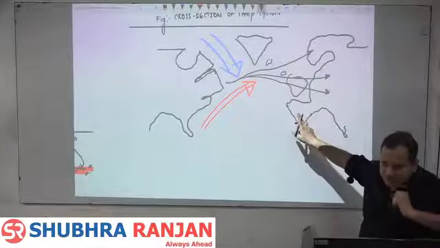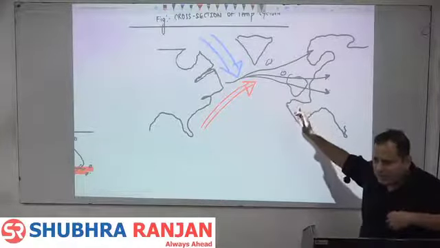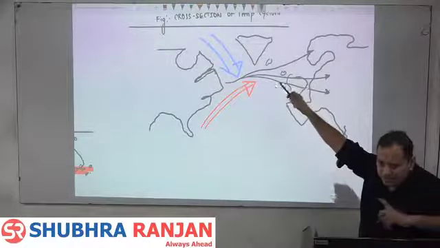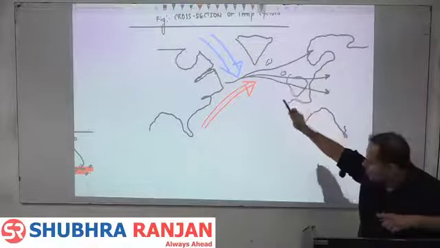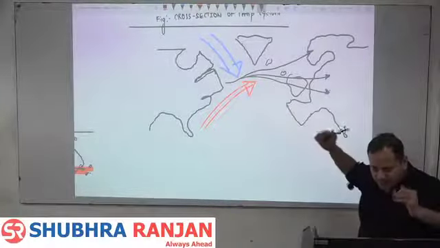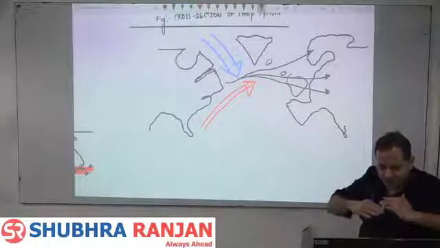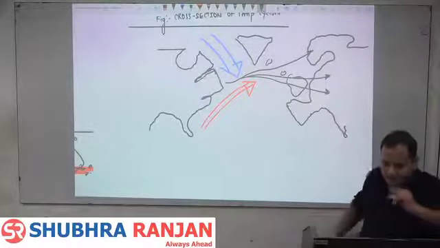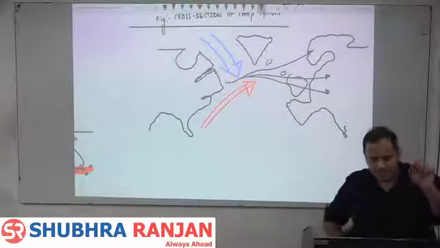Understanding this diagram? So this is just for your understanding, no need of drawing this. Cold Labrador current is coming, उसके ऊपर का air mass becomes extremely cold. Warm Gulf Stream is coming, उसके ऊपर का air mass is extremely warm. They both join together, and after that, clear?